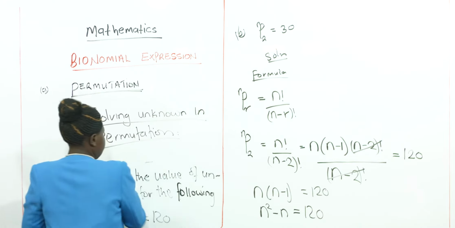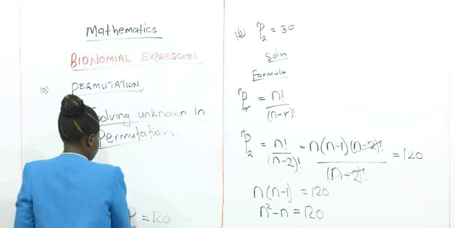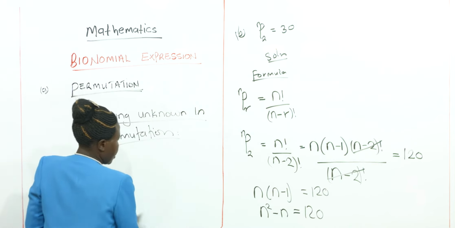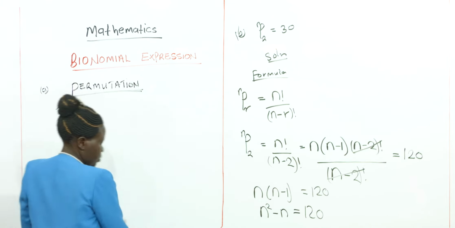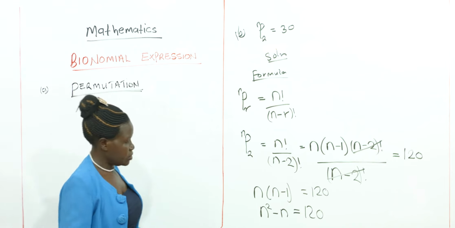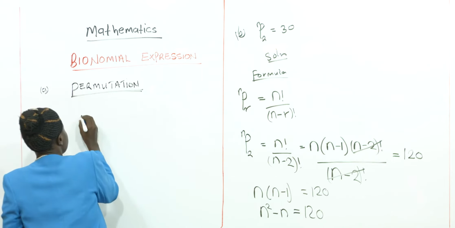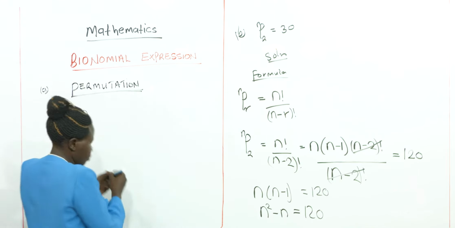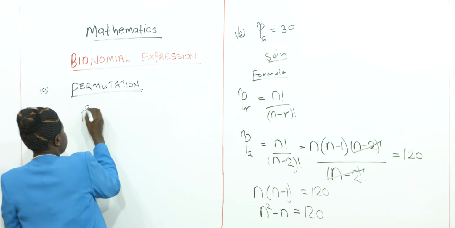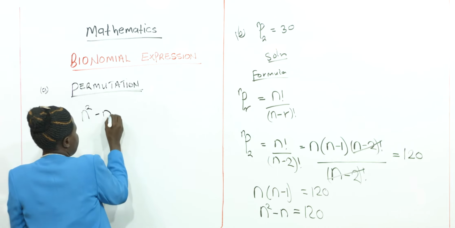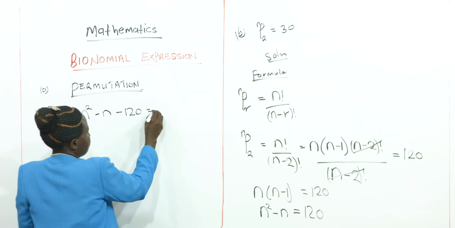So now we shall have n squared minus n equals 120. The 120 will cross the equal sign and becomes negative 120. So the whole equation will be n squared minus n minus 120 equals 0.